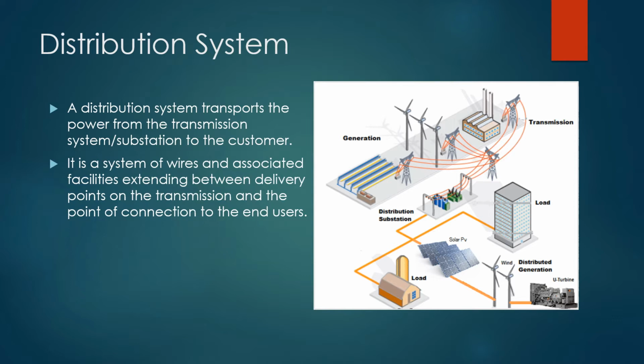The distribution system will basically supply the power from the distribution substation to the consumer loads. It is a system of wires and associated facilities extending between delivery points on the transmission and the point of connection to the end users.